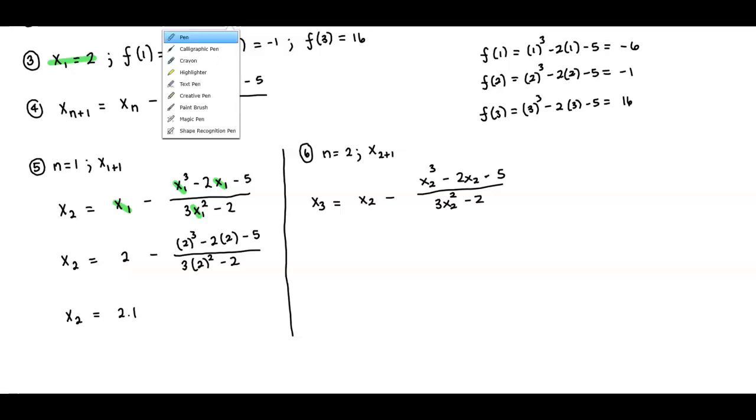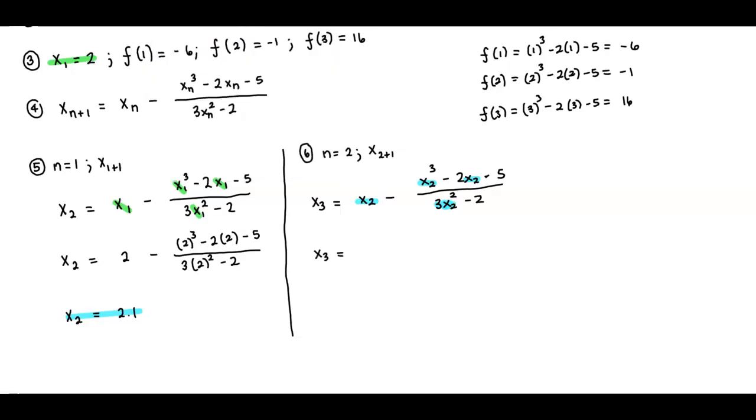Okay, so what do we know that x subscript 2 equals? Well, we know that it equals 2.1. So we're going to replace all the x subscript 2's with 2.1. So we get x subscript 3, which is equal to 2.1 minus 2.1 cubed minus 2 times 2.1 minus 5 all over 3 times 2.1 squared minus 2.